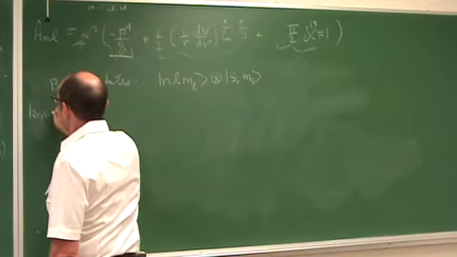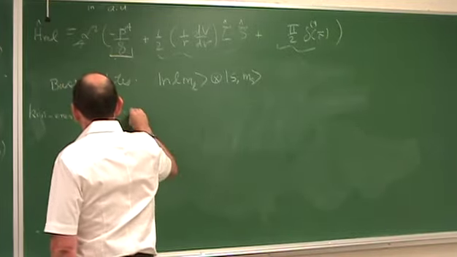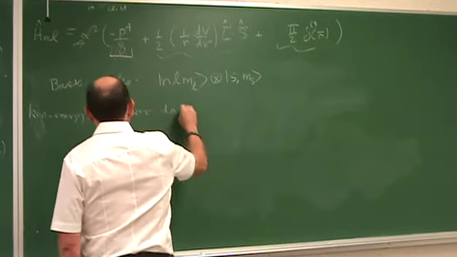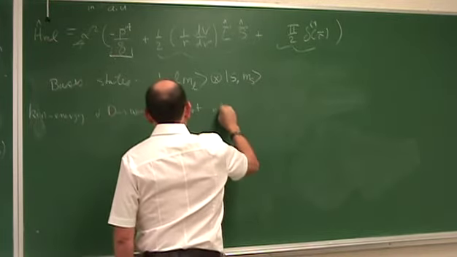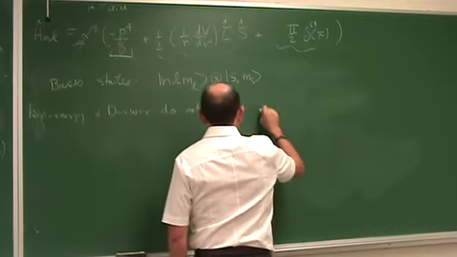Okay, so kinetic energy and Darwin do not affect the spin.